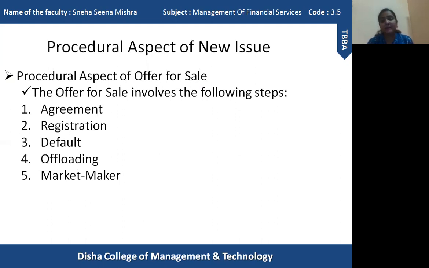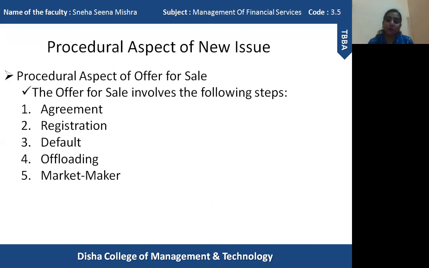It simply means that the company, instead of issuing the new shares directly to the public, can issue these shares to any merchant banker or sponsor. Now this merchant banker and sponsor have to enter into an agreement with the company, and they need to follow all the rules and regulations created by SEBI for the offer for sale.